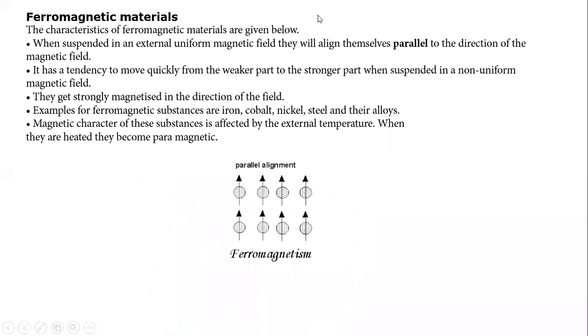Yeah, so it is a mixture of materials. For example, copper mixed with iron is also a good example for alloys. You got it, everybody? So a combination of metals is called an alloy.